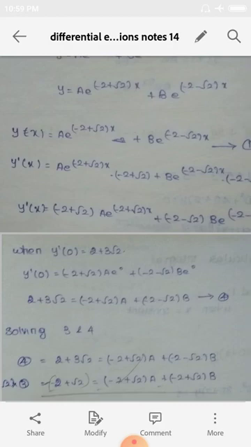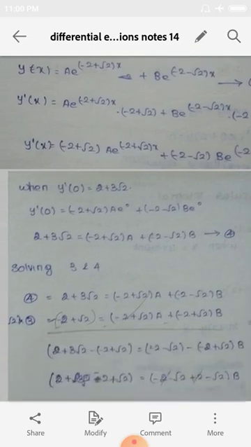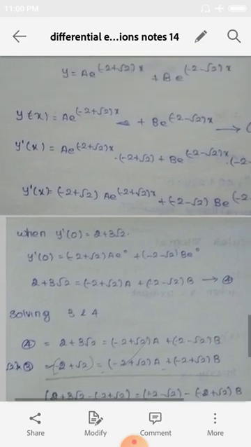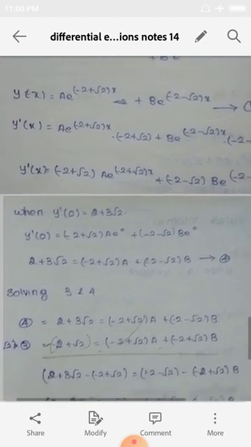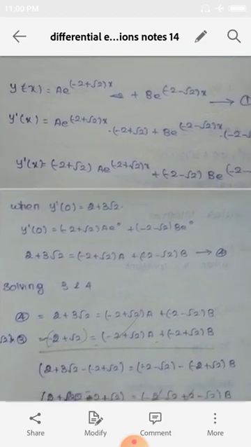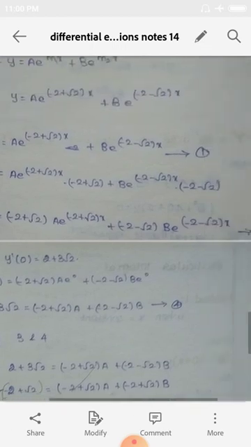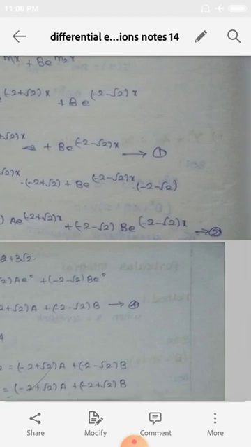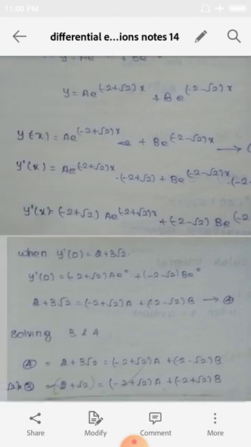So we get minus 1 is equal to a into e power 0 plus b into e power 0. That is equation number 2. And next, for the second condition, we have to substitute y dash of 0 is equal to 2 plus 3 root 2. So we get the fourth equation. Okay. So after finding equations 1 and 2, find the third equation and then find the fourth equation.